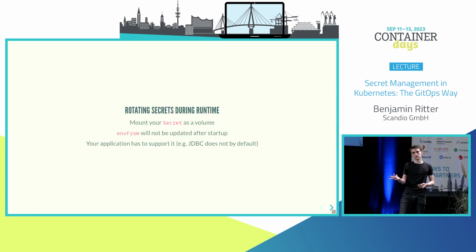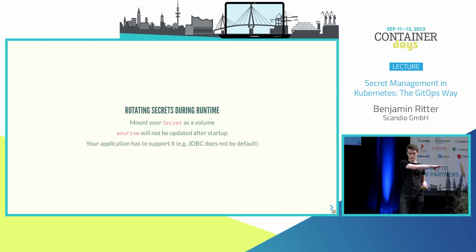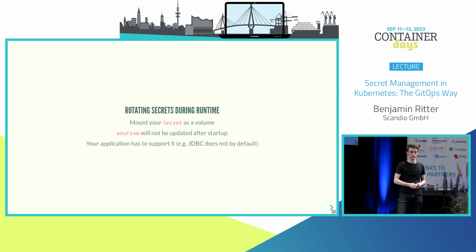So if you want to rotate your secrets during runtime, now we're getting back to normal secrets, not certificates anymore. If you want to rotate your secrets during runtime, you have to mount them as a volume or use something like the Vault CSI driver. No, it's not the Vault CSI, it's the Vault sidecar injector, I'm sorry.